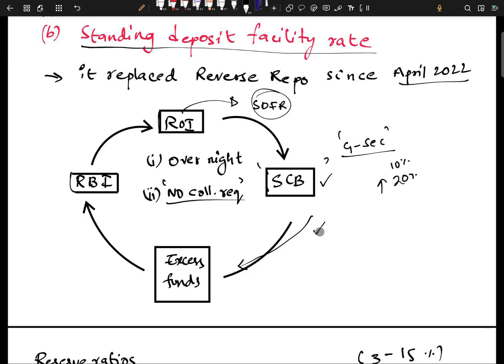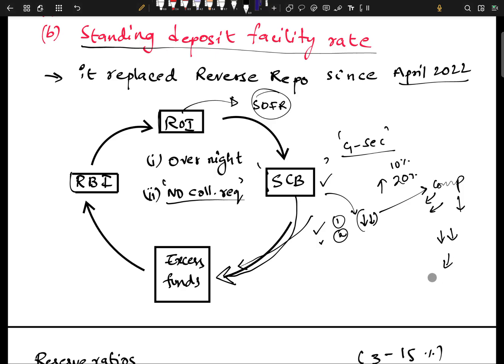Because it is a safer loan, number one, and it is getting more interest than whatever the people are willing to pay. So it is depositing its funds more and more with the RBI. That means it has less and less funds to give to the common public. That means the common public and the companies have less and less money. Less money means less demand in the market. That means lesser inflation, right?